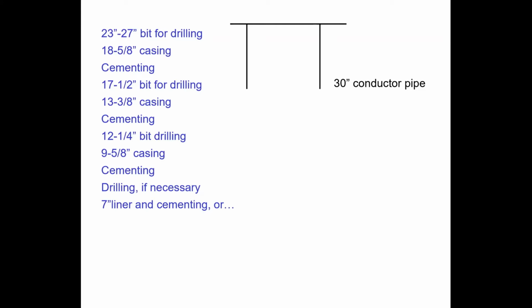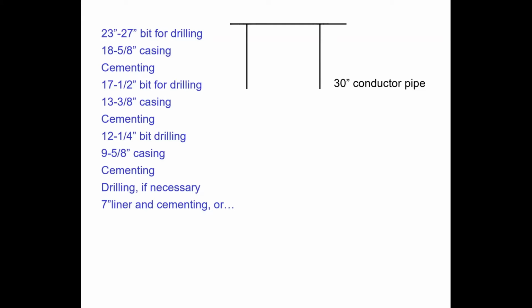So first, this conductor pipe. It is normally 30-inch pipe to the depth of around 30 meters. The reason we put this conductor pipe, can you guess what is the reason?